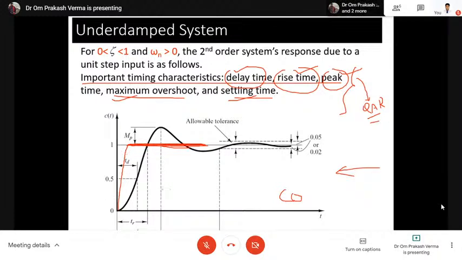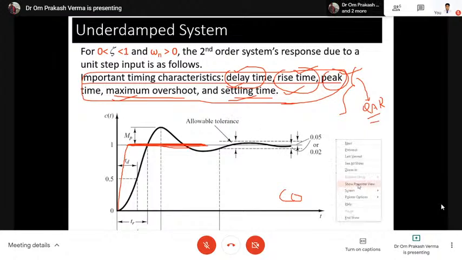Therefore we define these performance parameters, and we try to optimize or minimize them using some control techniques. So this is the scenario.